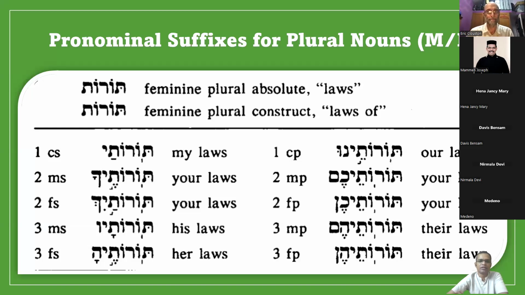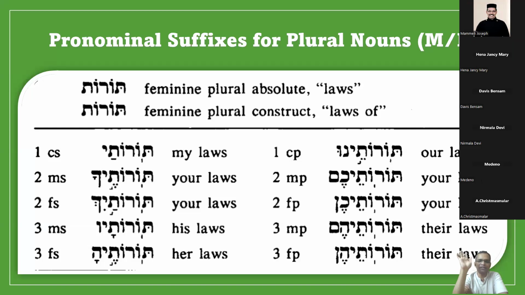All right. So no worries. Just memorize these things. Inseparable pronominal suffix with inseparable preposition, along with the example lamed followed by sheva. Pronominal suffixes with separable preposition, with the example ale.